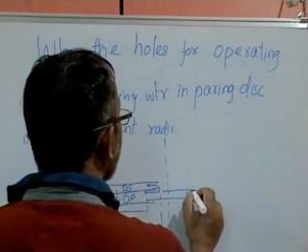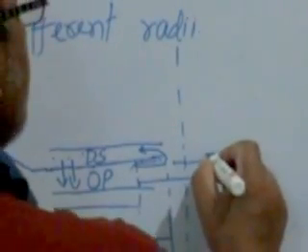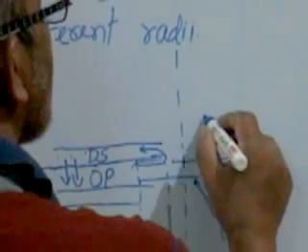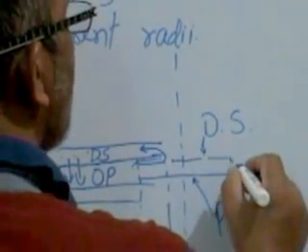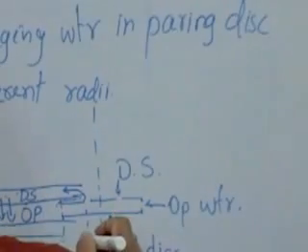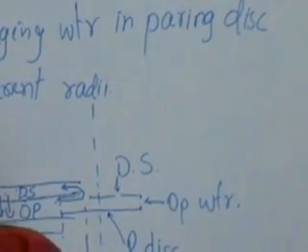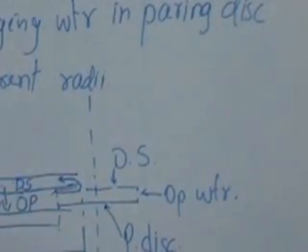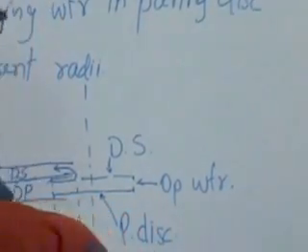This is the paring disc. This is for desludging water, and this is for operating water. The desludging water and the operating water can also be supplied with different pressures.